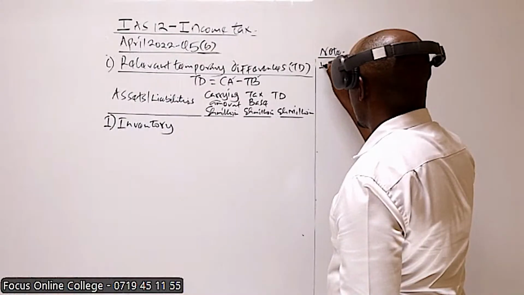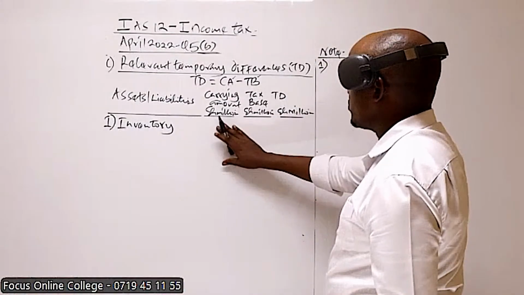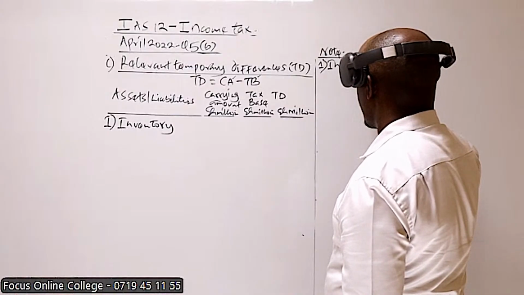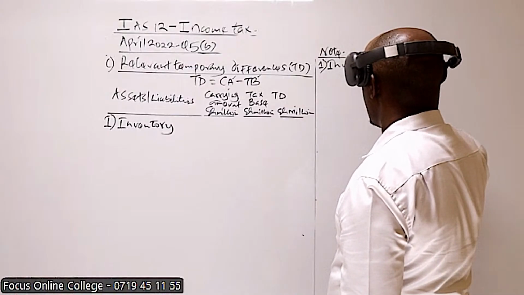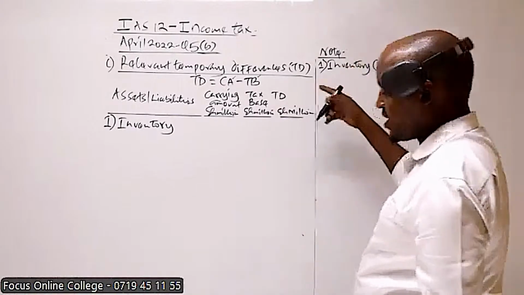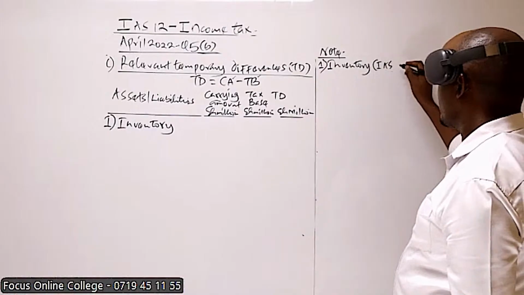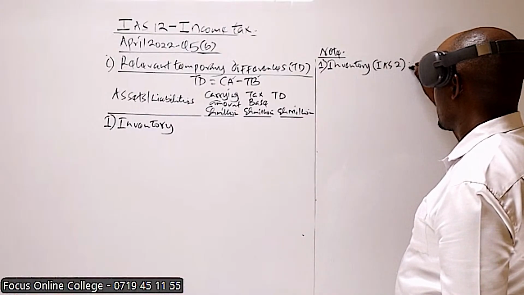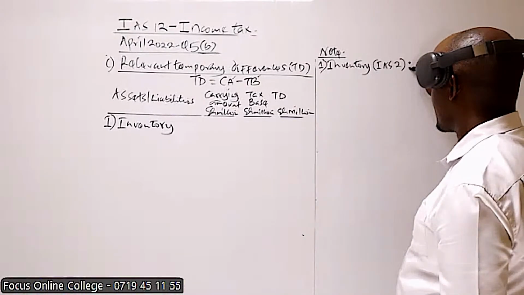The notes I will give you here are very important. They will help you know how to determine carrying amount and tax base. We start with inventory. If you can recall from financial accounting, inventory should be valued in accordance with International Accounting Standard number 2.